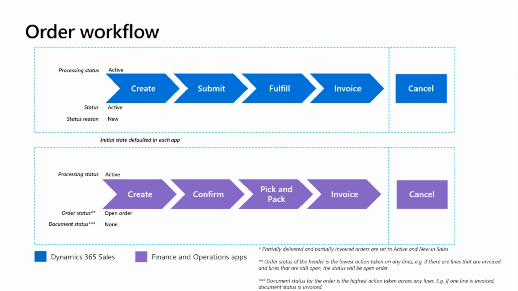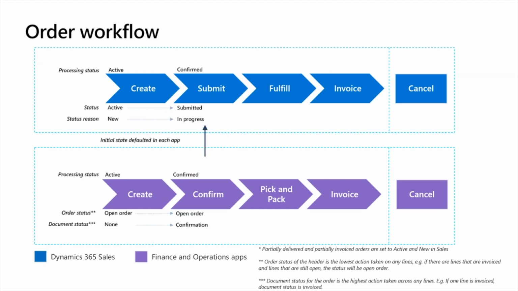That is deriving a processing status, which flows through to sales. When the order is initially created, each application is going to set those default states. In sales, we have status and status reason, which are standard state fields for sales. And then we have this additional processing status, which has been introduced through the dual write solution. So creation, initial state is defaulted.